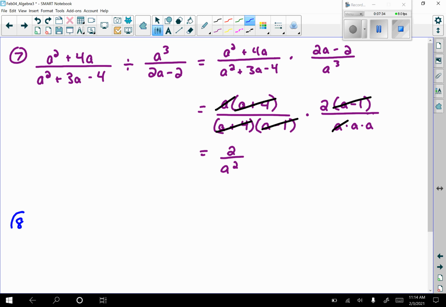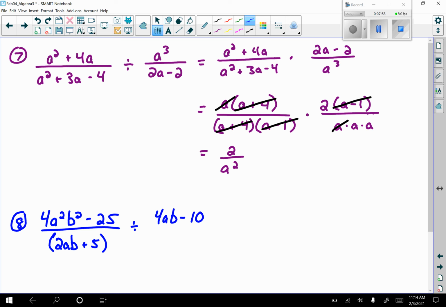And then finally number 8. This one was a little bit more of a challenge. We have 4a squared b squared minus 25 over the quantity 2ab plus 5. Now this is divided by 4ab minus 10 over 2ab plus 5, so our first step is to multiply by the reciprocal.